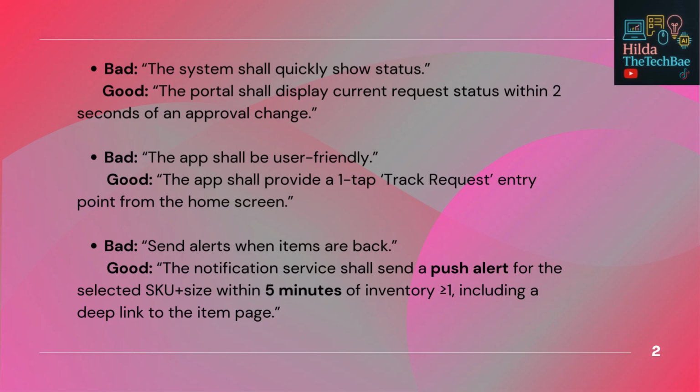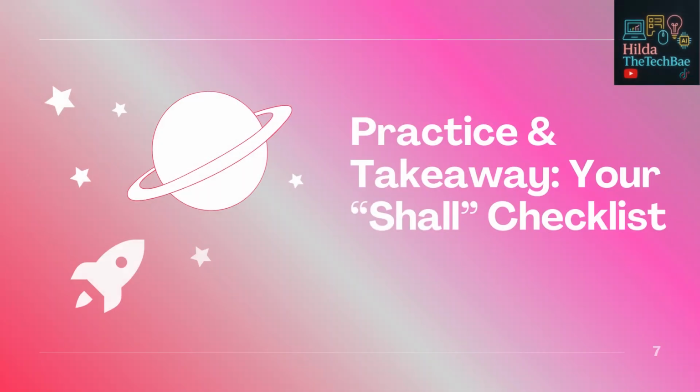So you see here that you are replacing the adjectives that cannot be tested with observable behaviors and numbers. So if you can put a stopwatch on it or check a field in a payload, you are doing it right. Let's cement the skill with a 60 seconds practice and takeaway checklist that will help you to write better shall statements when it comes to requirement documentation.